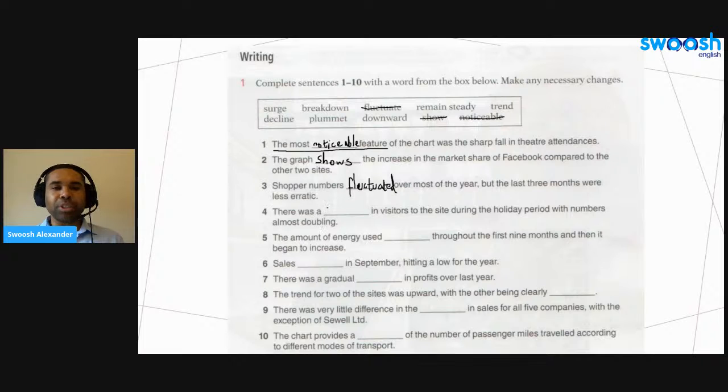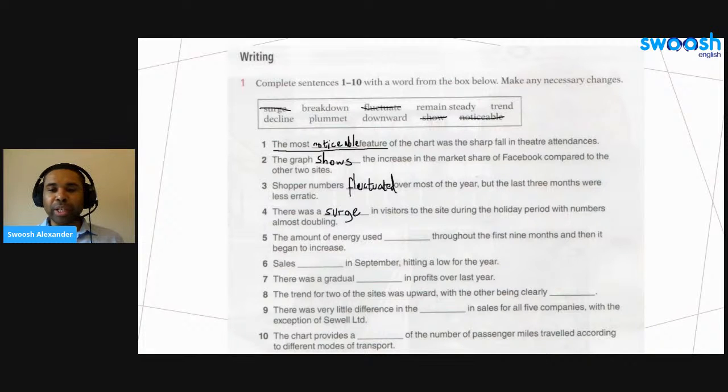So the fact it said numbers almost doubling would definitely suggest that surge would be the correct term to use here. So there was a surge in visitors. Numbers doubling obviously means there was an increase there. Okay, very good.